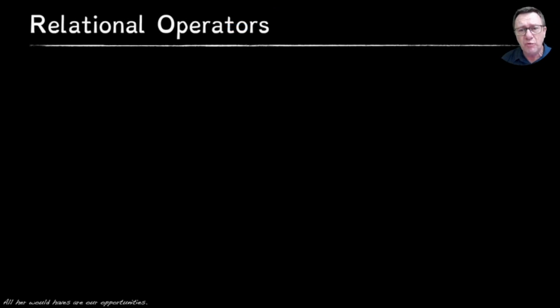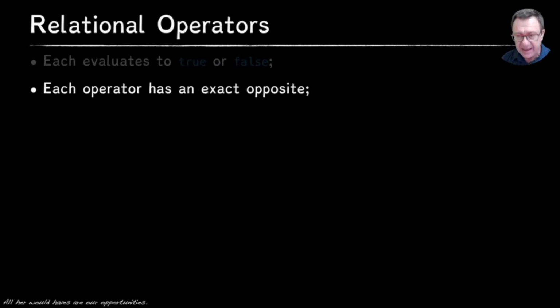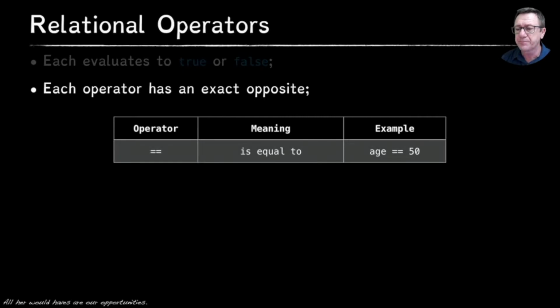All right, so relational operators. With relational operators, we say these things we're evaluating to true or false, and each operator has an exact opposite. So let's have a look at these. I've got my equals, which is equal to. So I'm checking, are age and 50 the same?